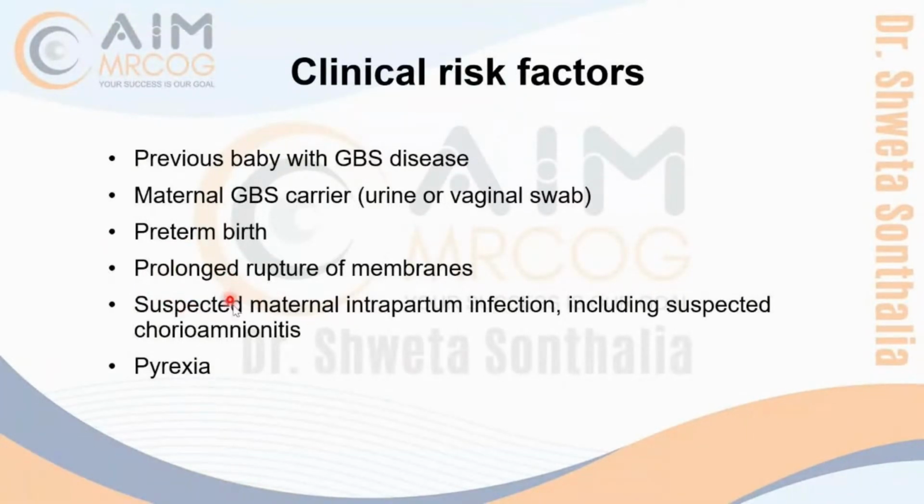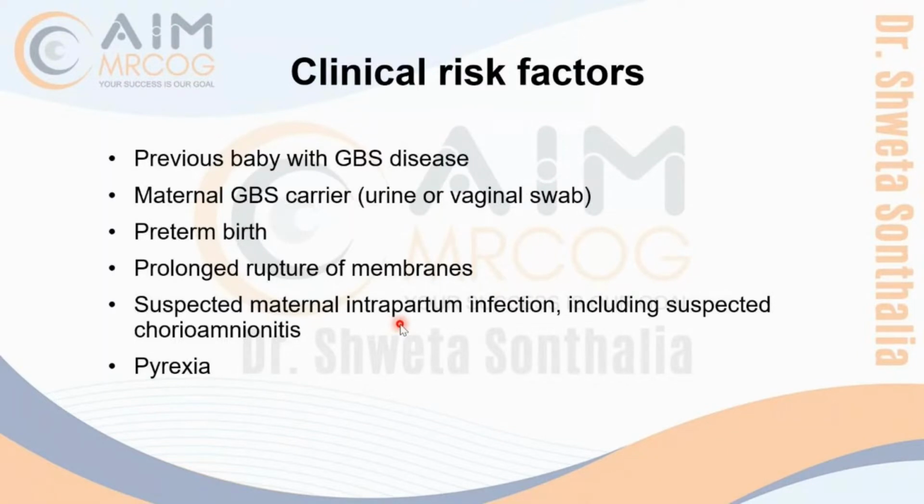If there is suspected maternal intrapartum infection, meaning intrapartum pyrexia, the transmission risk becomes 10 times. So for intrapartum infection, irrespective of her status, you are going to give. Whenever they have intrapartum pyrexia, that's why they made the recommendation that you give a broad-spectrum antibiotic which should also cover the GBS infection.